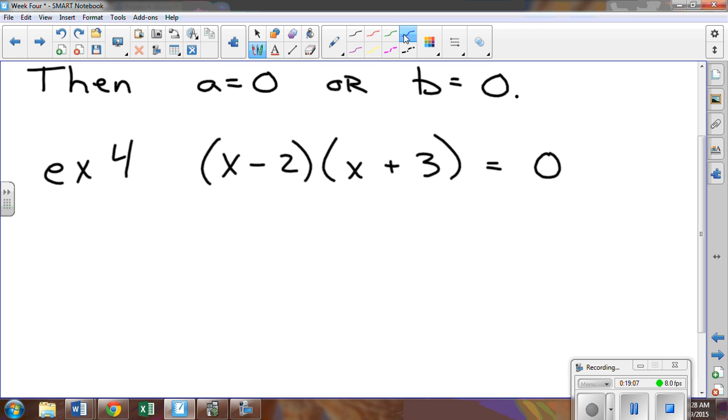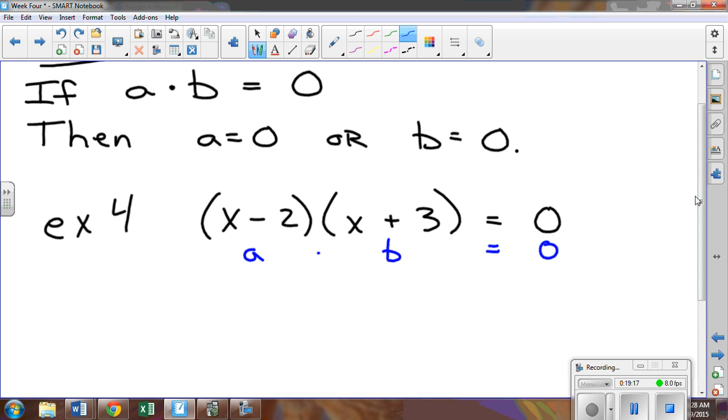Because we have a number multiplied by a number equaling 0, the zero product property tells us right away there are only two ways that this could possibly happen. Either that first number, x minus 2, is 0, or the second number, x plus 3, is equal to 0. Either way, it breaks this up into a simpler set of equations, which we can solve pretty quickly.